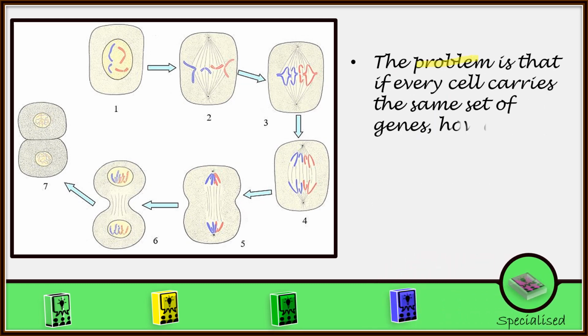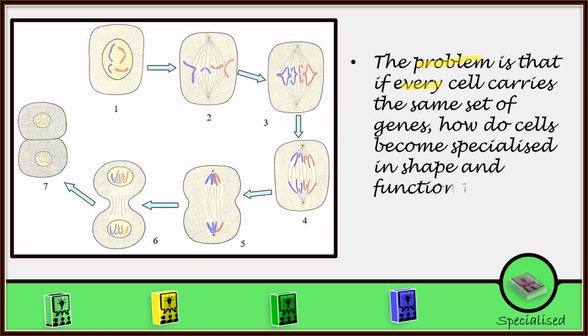The problem is that now every cell carries the same set of genes. How do cells then become specialized in shape and function to do different jobs? All the cells that are formed are identical.